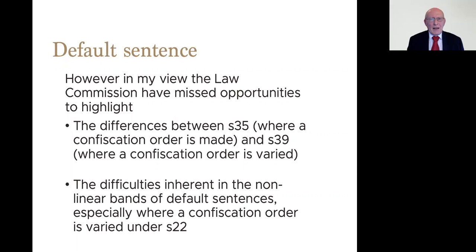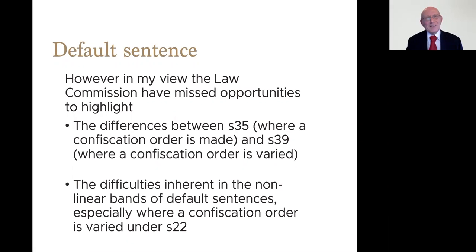And similarly, if you are in a situation, let's say, where there's a Section 22 revisit, the defendant now has a higher available amount than he had at the time the confiscation order was made. There's a variation made to the confiscation order, to the amount ordered to be paid.